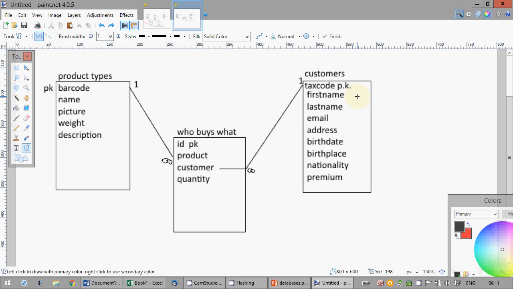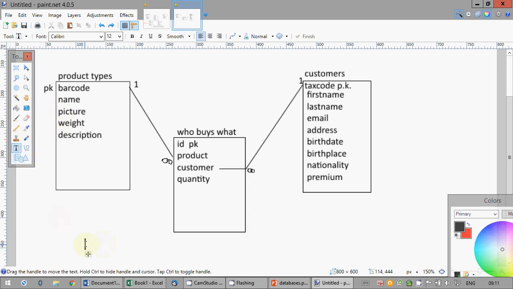For the moment, we don't deal with groups of customers who buy together. Each product type can appear in several buying acts. It is fine. Each buying act can contain only one product type. And this is not fine.